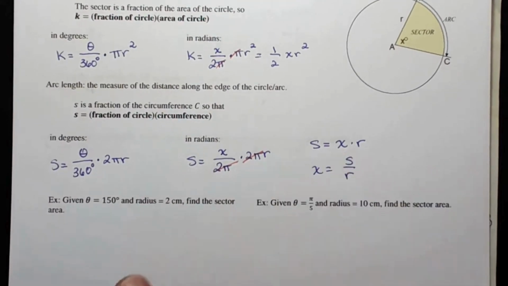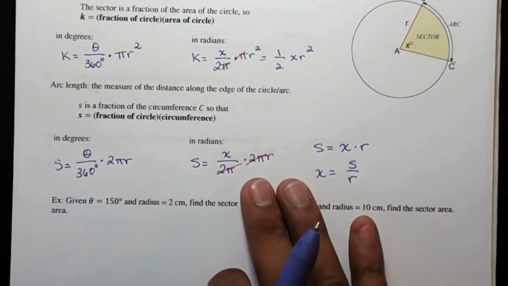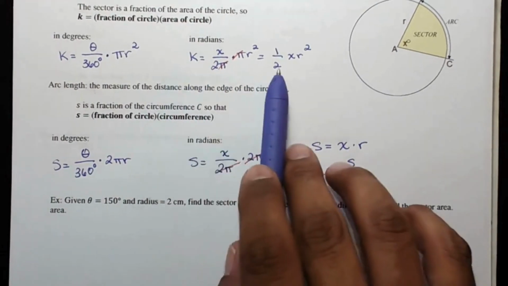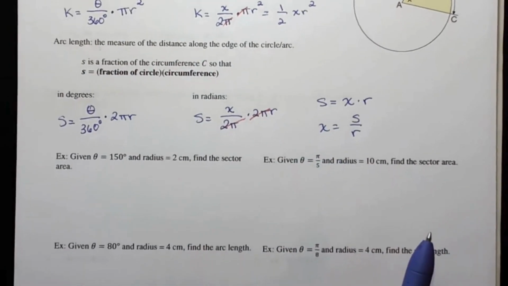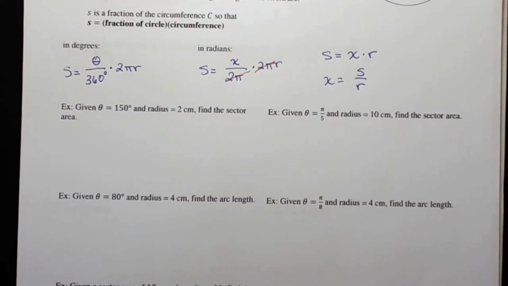Either know the derivation, how you go from one to the other, or memorize the formulas. So sector area is 1 half x r squared. The arc length is the radian measure times the radius.